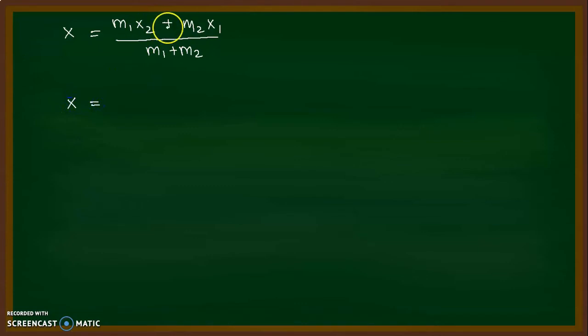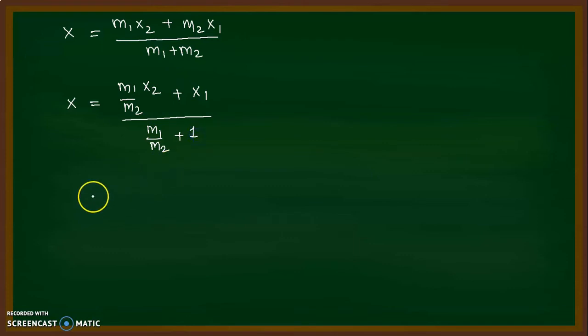So here we will get m1x2 divided by m2. Here if you divide with m2, then m2 will be cancelled out, so we'll get x1. Here m1 divided by m2, plus here m2 will be cancelled out, so we'll get 1.